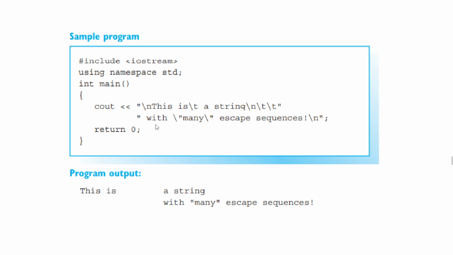And then with backslash quotation mark, "many", backslash quotation mark, this is what gets the quotes in here. Escape sequences, and then backslash n, and that's another line break, which obviously we can't see because it's invisible. And then return 0.